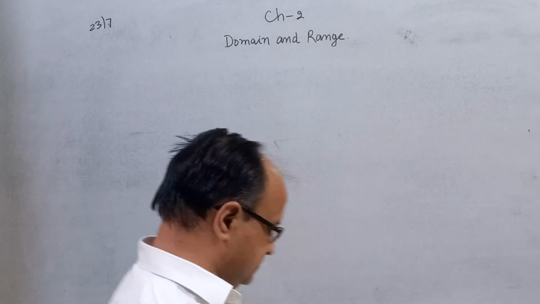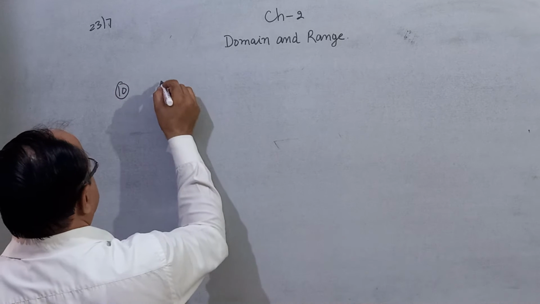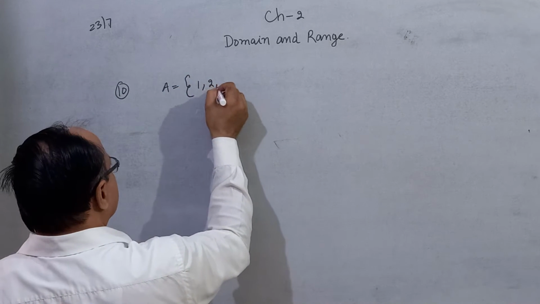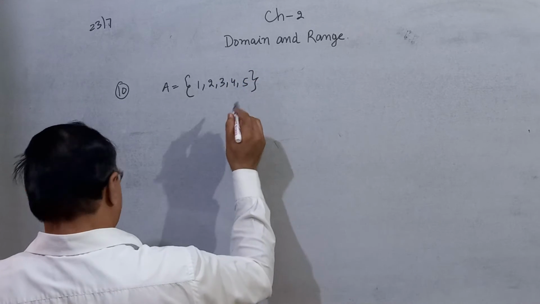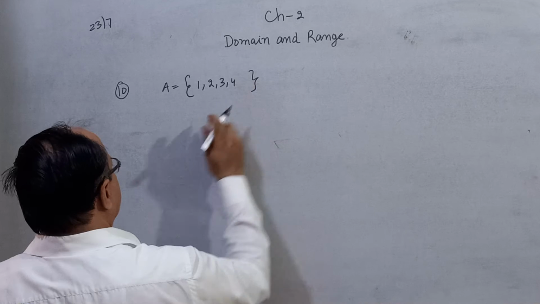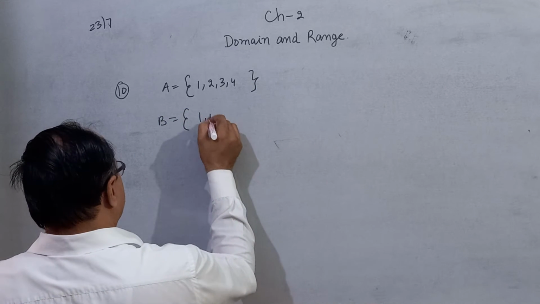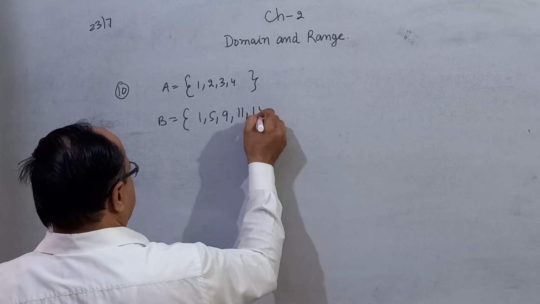Let A be given in question 10: 1, 2, 3, 4 only, not 5. And B is given here: 1, 5, 9, 11, 15 and 16.